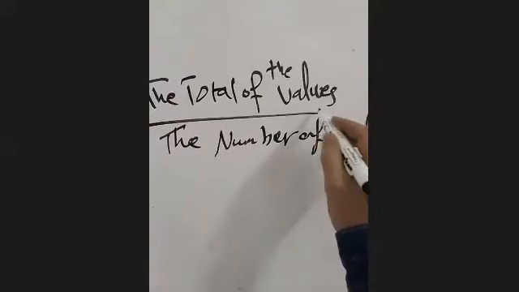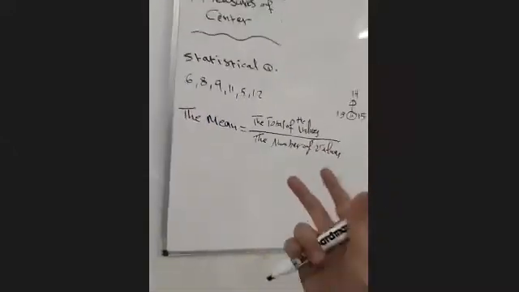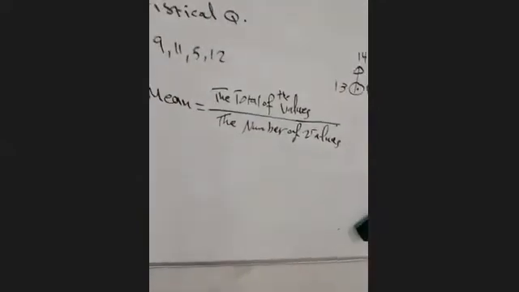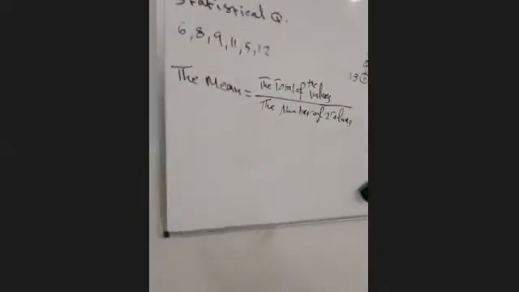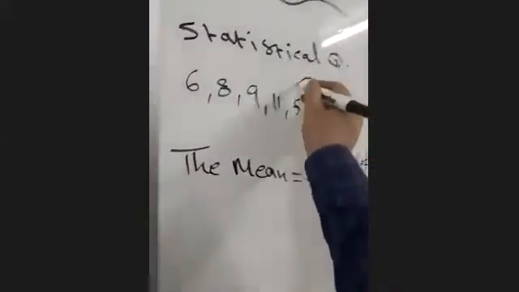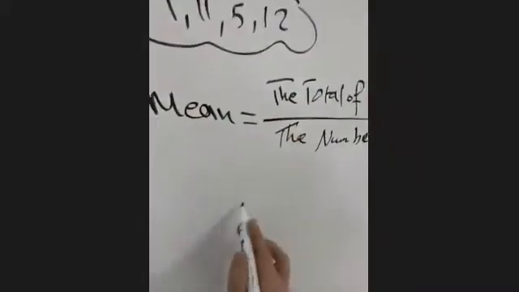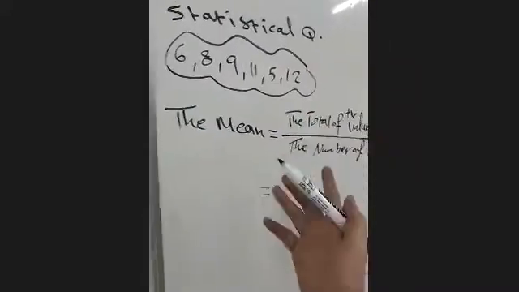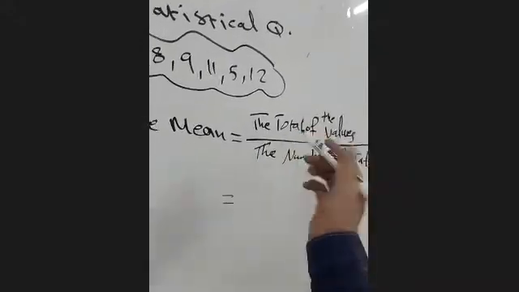So what is the mean? We said the mean is the average of the data. How do we find the mean? Up, it is the total of the values. Down, it is the number of the values, and it's a fraction, division. So for this data, what is the mean? Add the numbers up, the total or the sum.